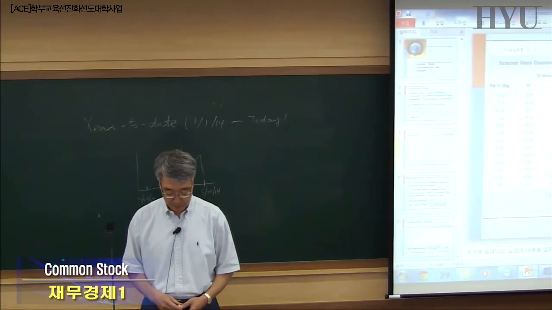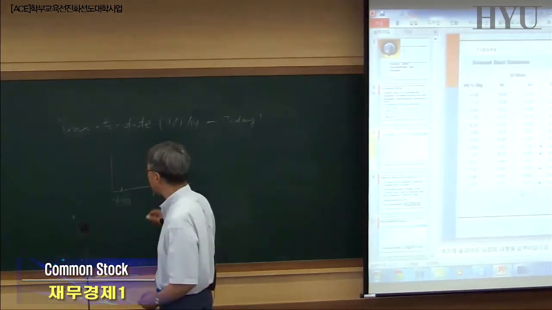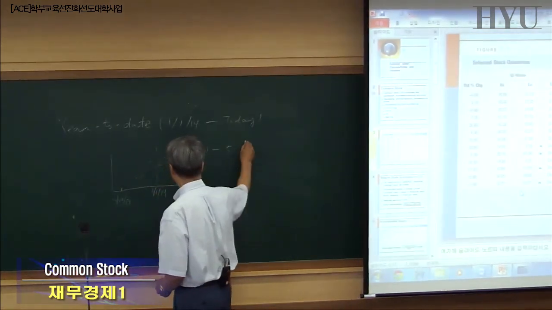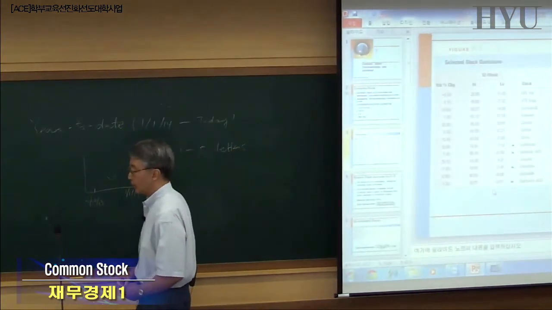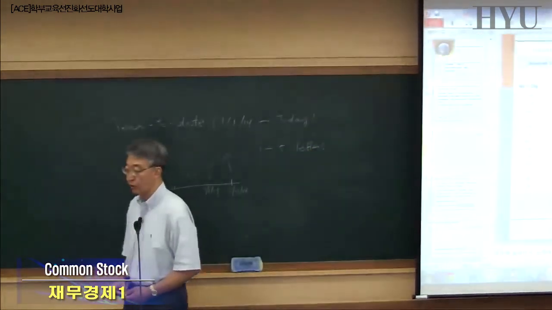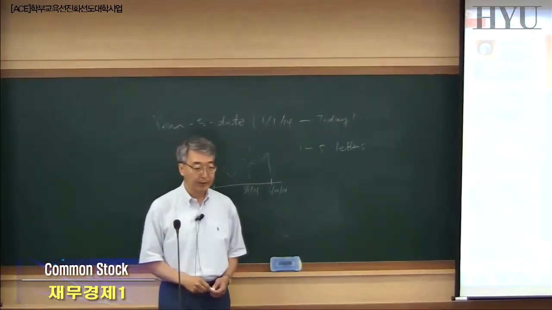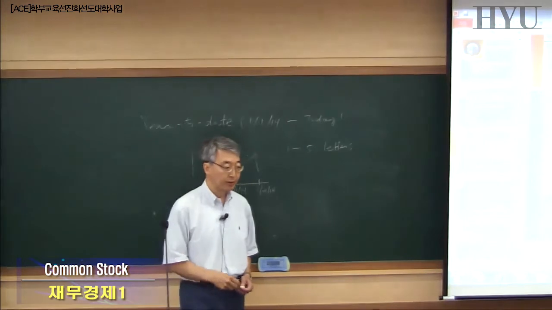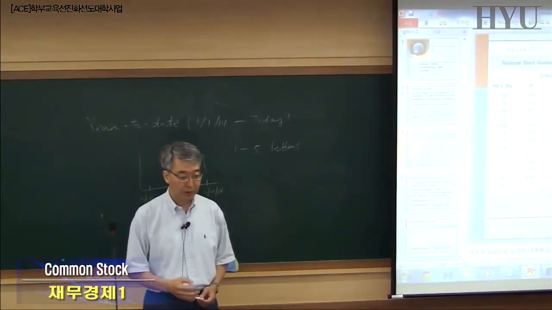The symbols mostly in this table have 2 letters or 3 letters. Symbols are anywhere between 1 to 5 letters. NYSE, New York Stock Exchange symbols are mostly 1 to 3 letters. Okay? NASDAQ, all the stocks listed on NASDAQ have 4-letter symbols.